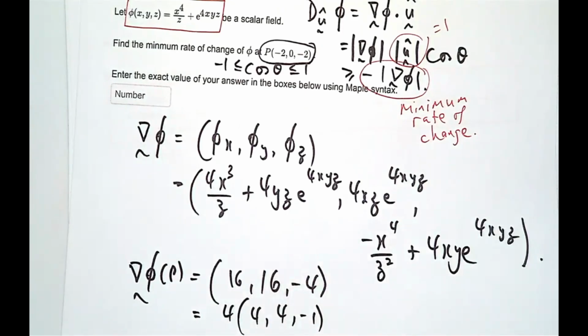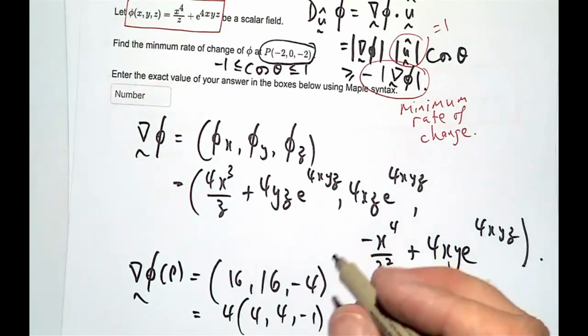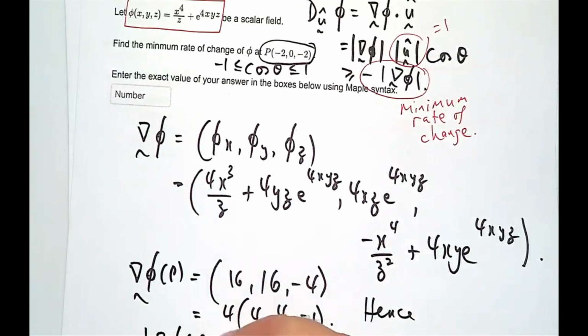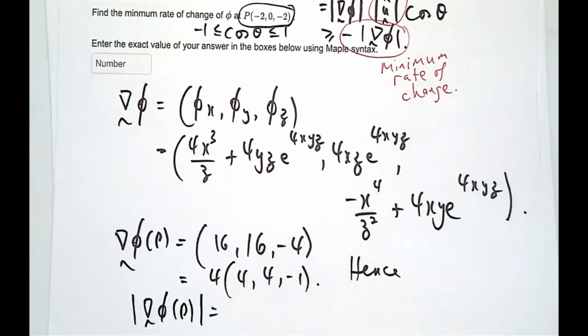So if you want to take the length of this vector, it's 4 times the length of the simplified vector. So that's a nice time saver. But also remember, Mobius has got your back with simplifications.